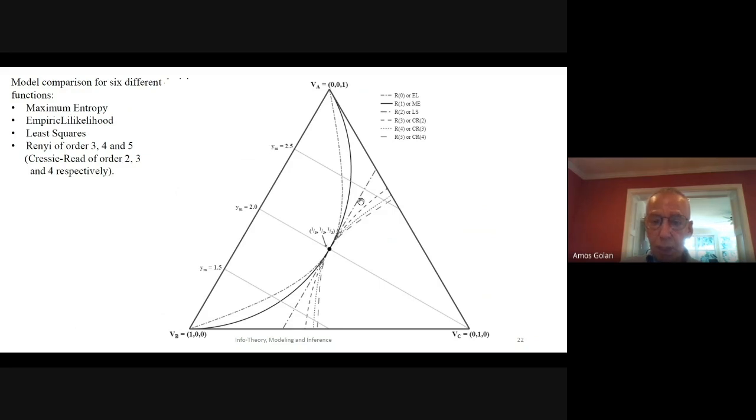So to remind you, this is the same simplex we had before, and this is the Shannon entropy, what I call the locus of optimal solutions. And now I'm changing the objective functions, and I'll define those in a minute, to show that each one behaves differently except at one point. That's why I call it the center of gravity. Everything has to go through the center of gravity, which is the place in a simplex where all the probabilities are equal, 1/3.